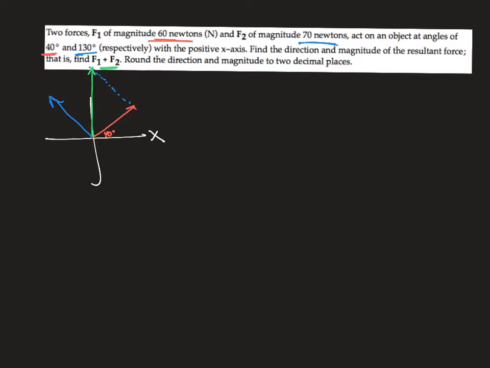All right, just like we did yesterday, we're going to find the component form of that first force vector. It is 60 newtons times the cosine of 40 degrees times i plus the sine of 40 degrees times j.